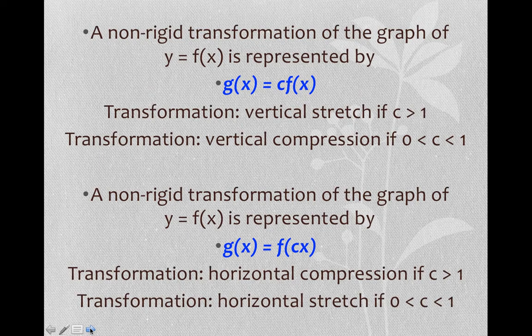It's going to be a horizontal stretch if c is a proper fraction between 0 and 1 or a decimal between 0 and 1. The horizontal compression is going to make your graph more narrow. The horizontal stretch is going to make your graph wider.